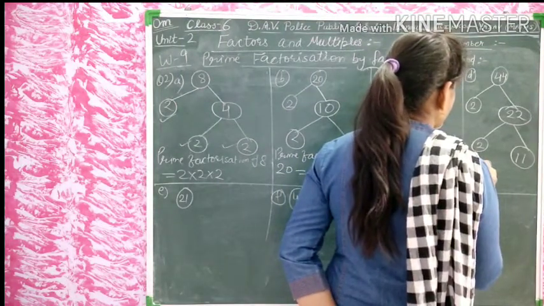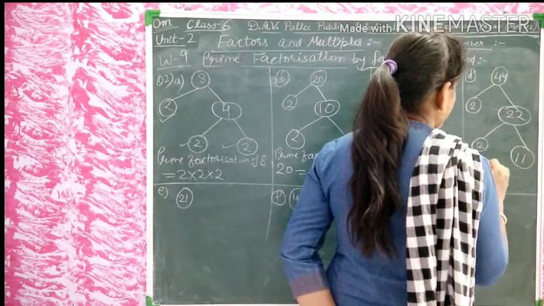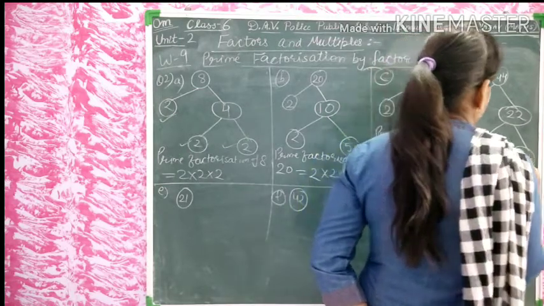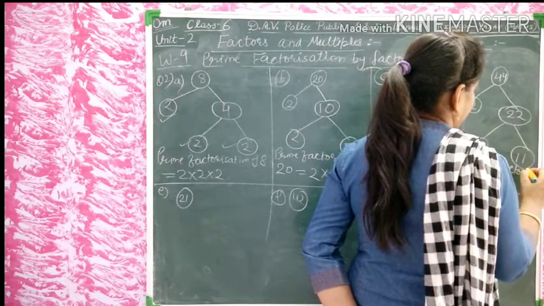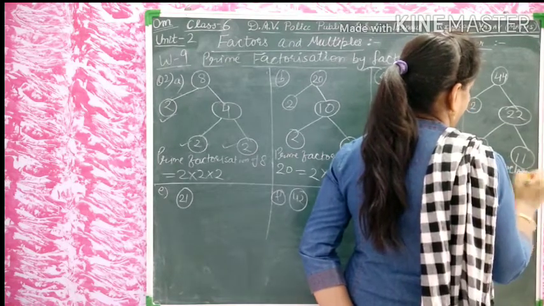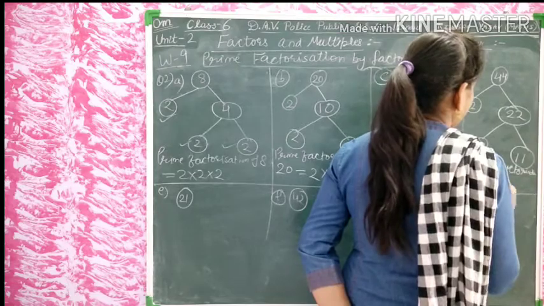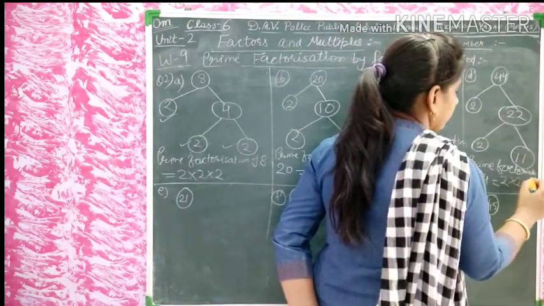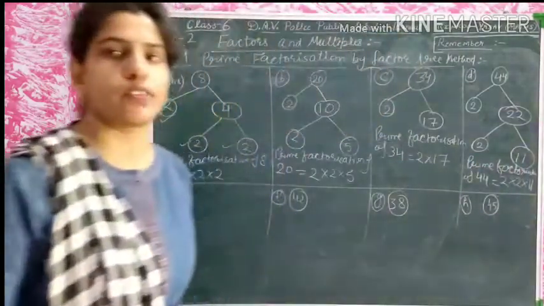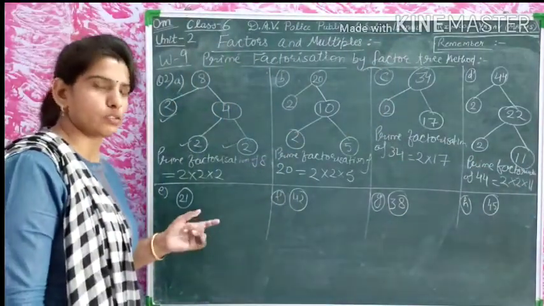This prime factorization of 44 is equal to 2 into 2 into 11. This is the prime factorization. We can find prime factorization by this method.